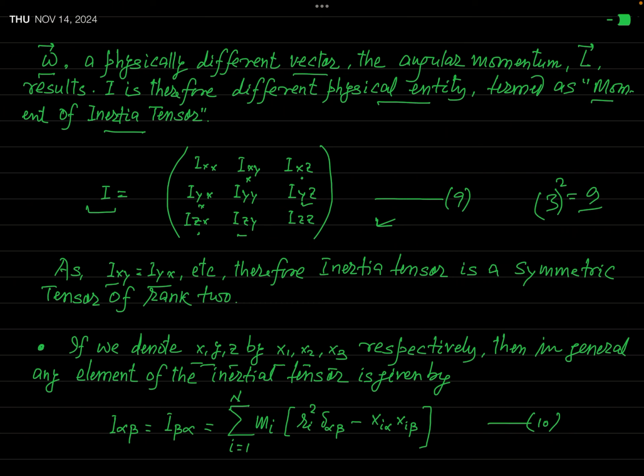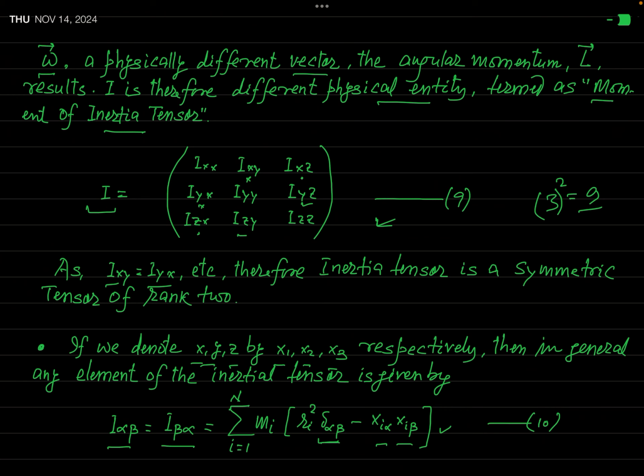Then any element of the inertia tensor can be written as I alpha beta equal to the summation over i of mi times (ri square delta alpha beta minus xi alpha times xi beta). Can you say what this delta alpha beta is? You have studied it at several places. This is the well-known Kronecker delta symbol.